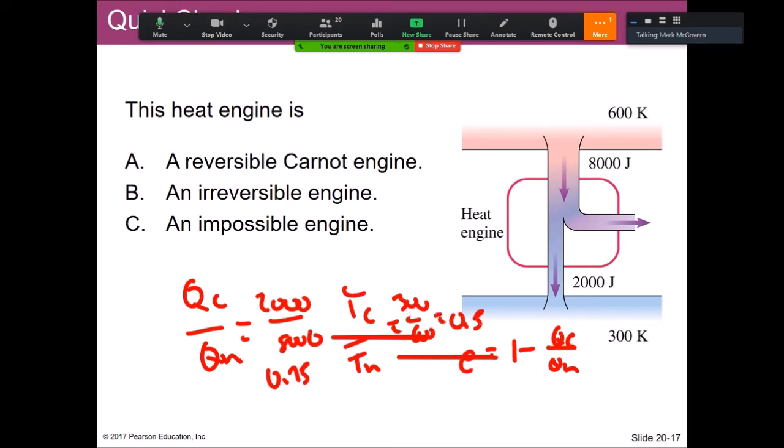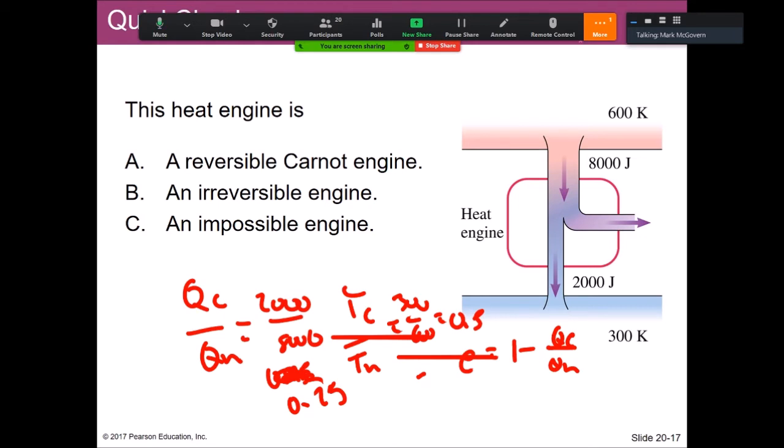We are not discarding enough heat. If this was a Carnot engine, we would be discarding 4,000 joules of energy. Sorry, the ratio here is 0.25, and the efficiency is 0.75.